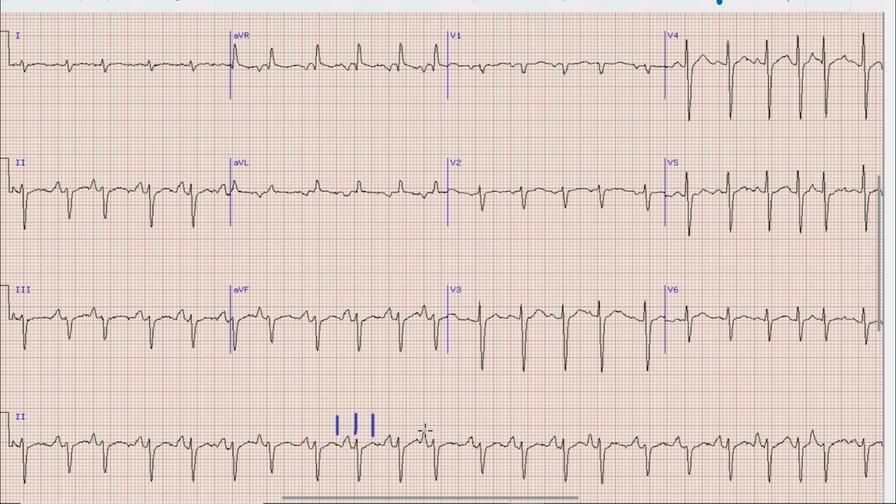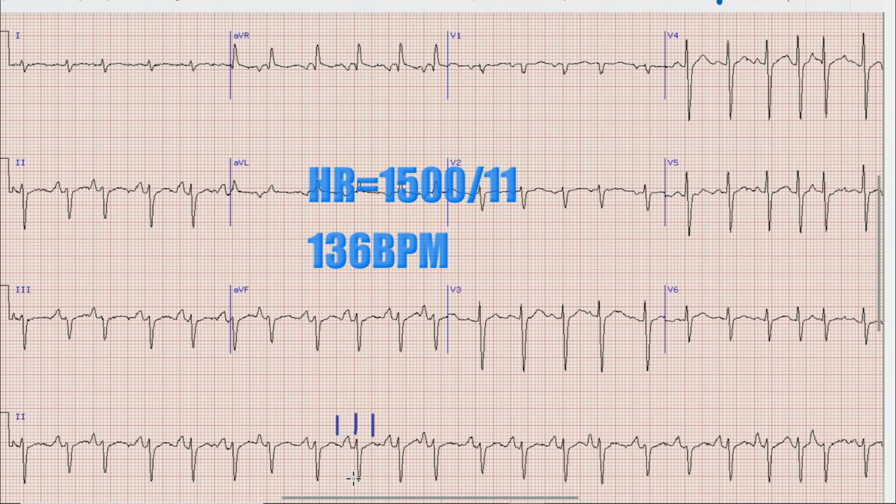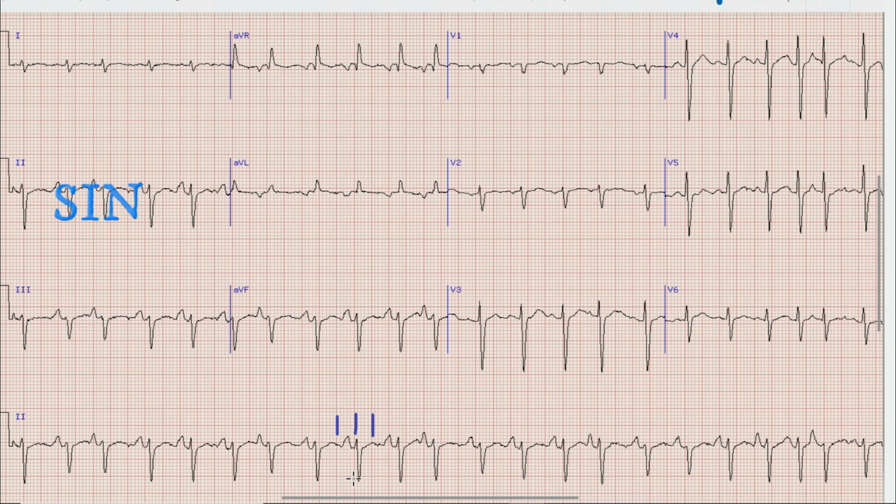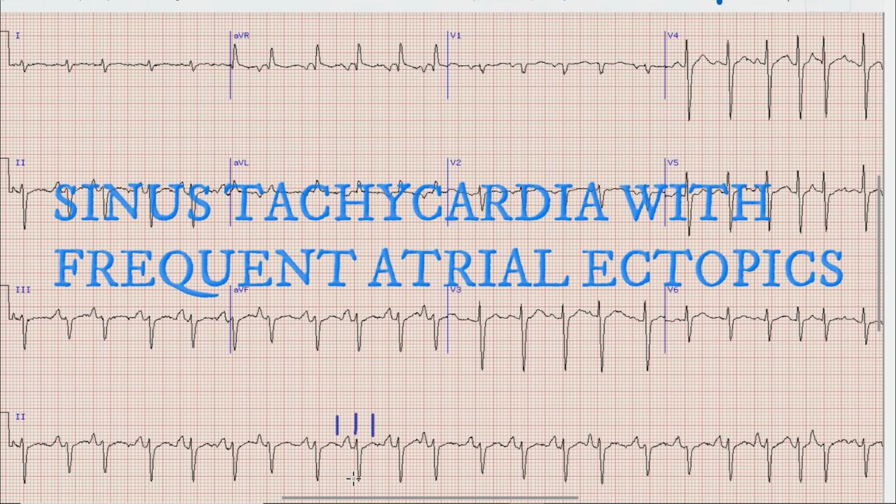So in this case, between these two QRS complexes, there are about 11 small squares. So by dividing 1500 by 11, we get a heart rate of 136 beats per minute. So this is a sinus tachycardia at 136 beats per minute with frequent ectopic atrial beats.